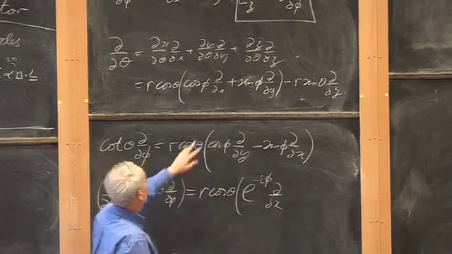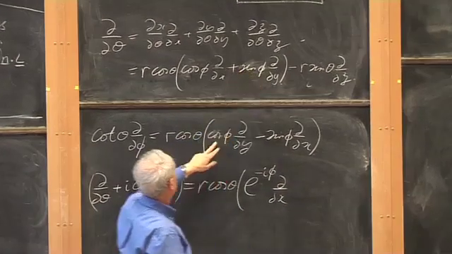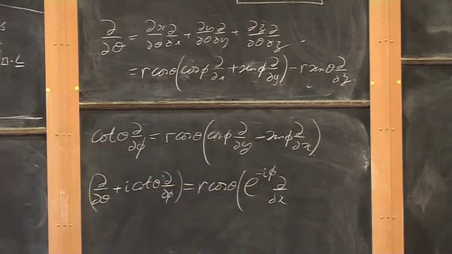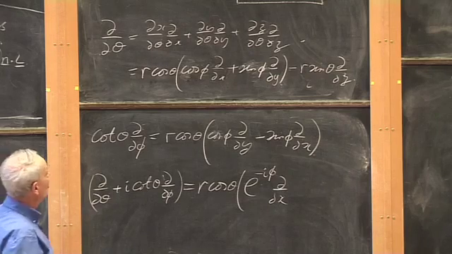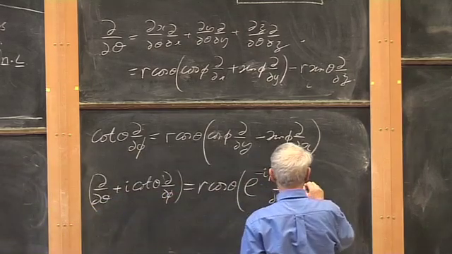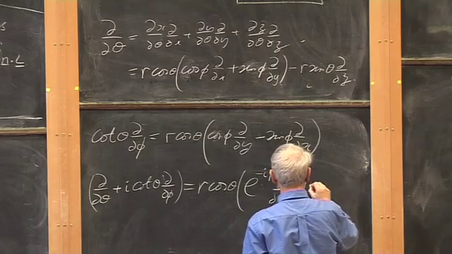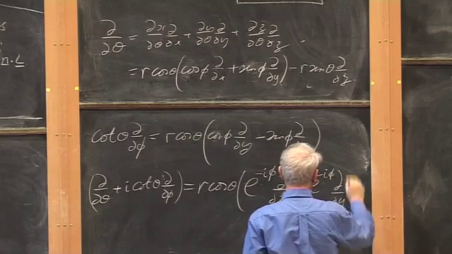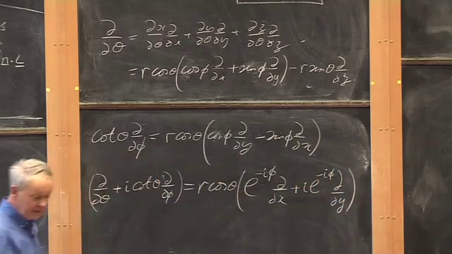And then we're going to have sin phi plus i cos phi, and that is going to be plus i times e to the minus i phi d by dy. We haven't quite finished, have we?